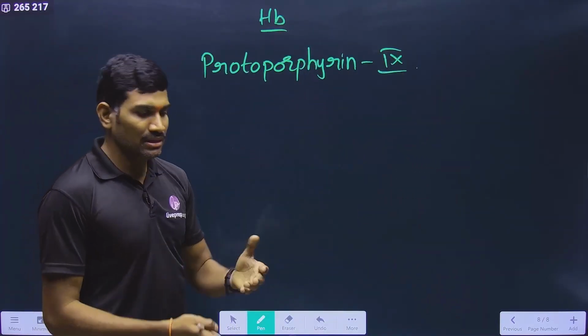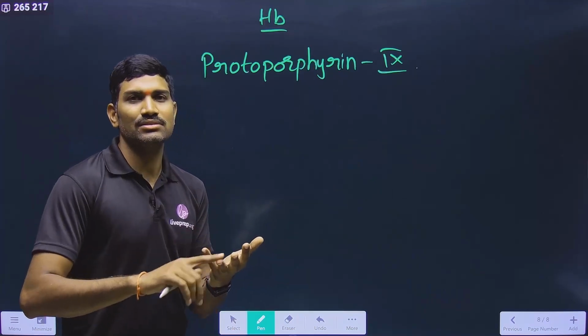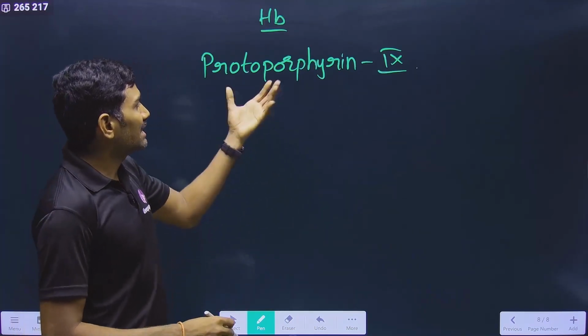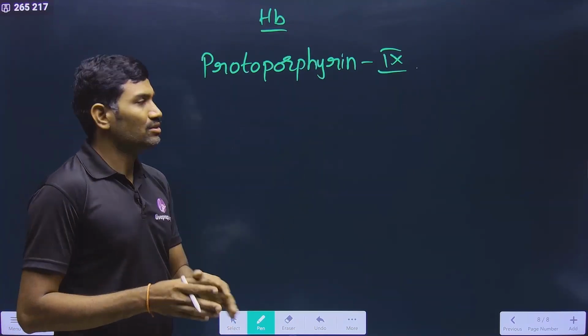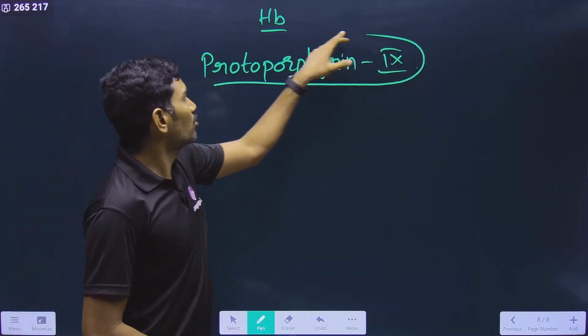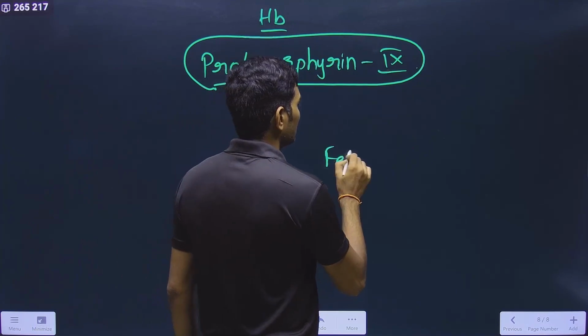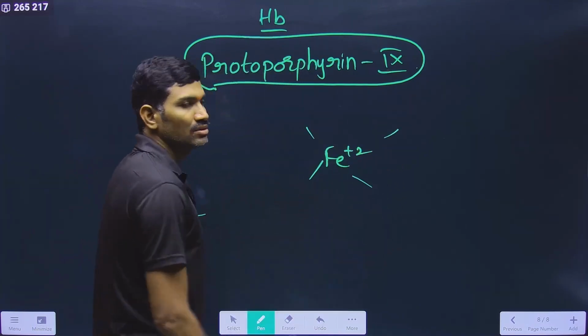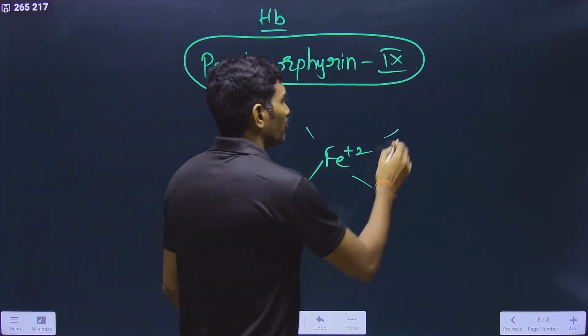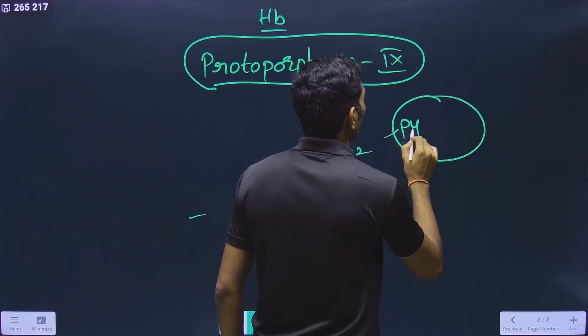Within the hemoglobin, we studied the globin chains, alpha chains and beta chains. But the heme is present too, right? So it is actually a protoporphyrin ring. In this protoporphyrin ring, iron is present at the center, and this iron is connected on four sides with pyrrole rings.